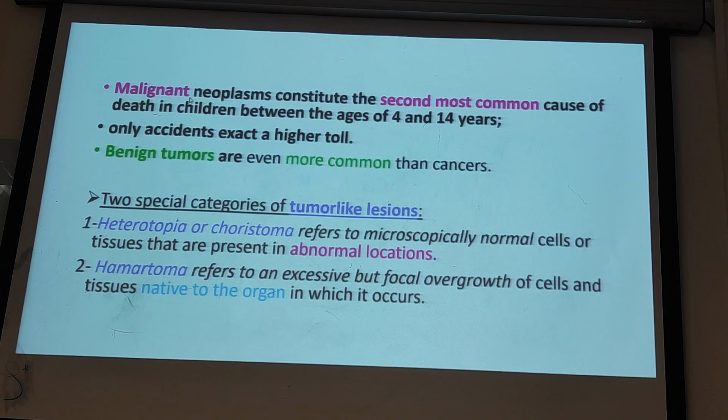Malignant neoplasms constitute the second most common cause of death in children between the age of 4 and 14 years. And benign tumors are even more common than cancers. So benign tumors are more common than malignant tumors.